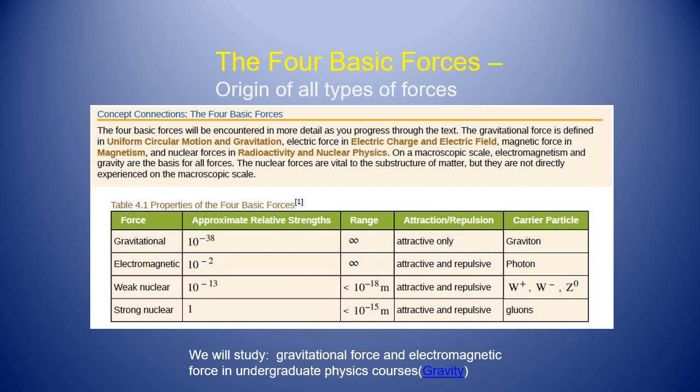Another one we will learn later in this course is electromagnetic, which is very common, repulsive and attractive. The other two, we probably don't get time to study them. Of course, you will: the nuclear forces, the weak nuclear force and the strong nuclear force. So we pretty much deal with the first two types of forces, gravity and electromagnetic.